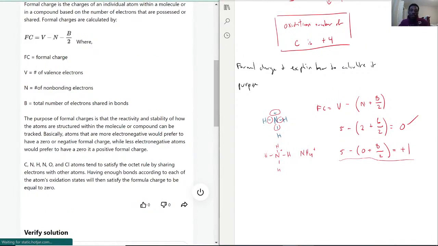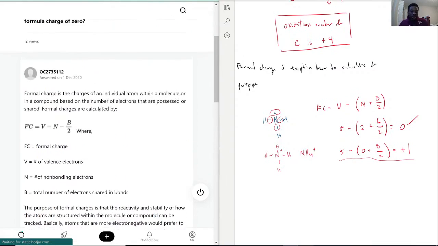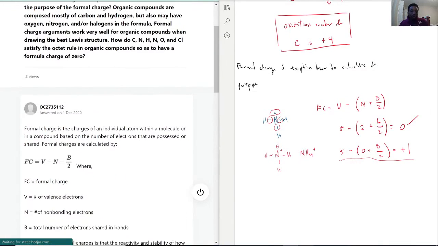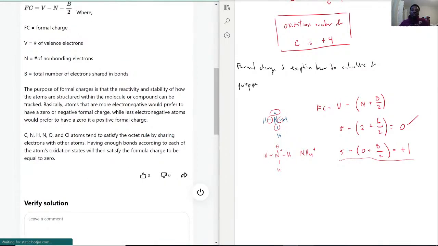Some things, depending on how they're bonded, will ignore the octet rule in order to get their proper formal charge. But that typically doesn't happen with organic compounds. Organic compounds are typically nice in that they can find a way to bond with each other to satisfy the octet rule and the formal charge.